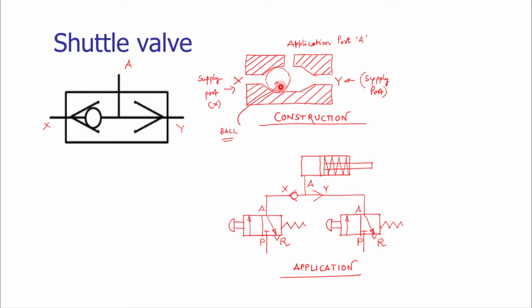The shuttling of the ball from left to right and right to left is why it is called the shuttle valve. A typical application can be seen on your screen.